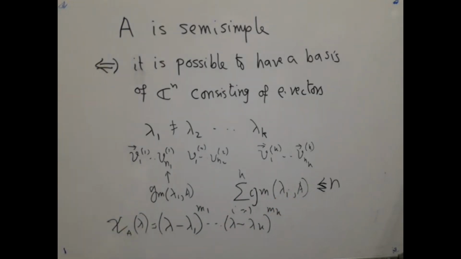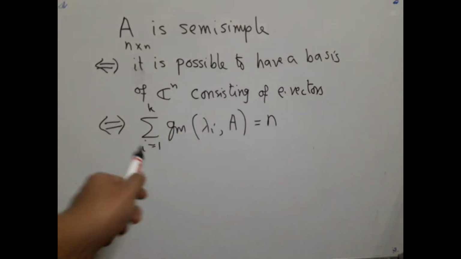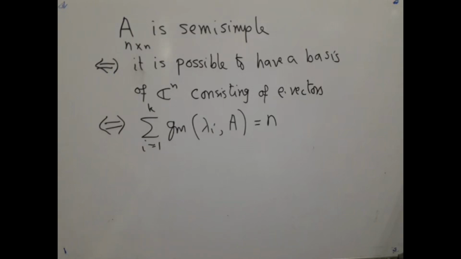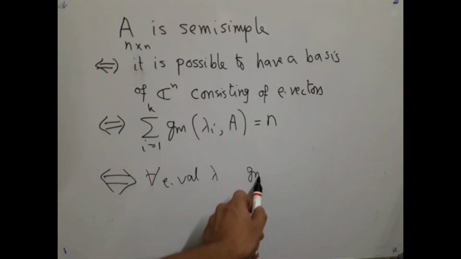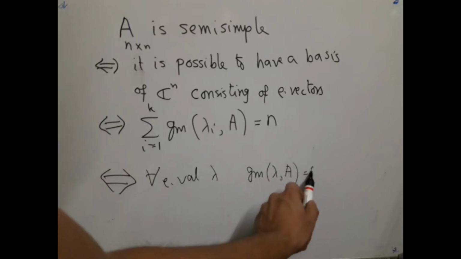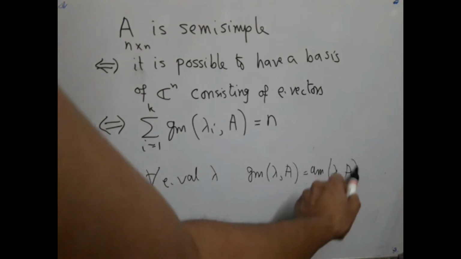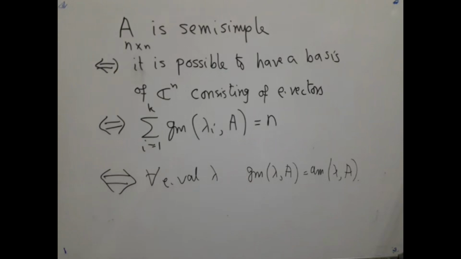So you get another characterization that this condition holds if and only if the sum of all the geometric multiplicities is equal to n, where lambda 1 to lambda k are all the distinct eigenvalues of A. And as GMs are always an upper bound on algebraic multiplicities, and algebraic multiplicities do indeed add up to n, you have another characterization: if and only if for every eigenvalue lambda, GM of lambda must be equal to the algebraic multiplicity of lambda with respect to A. So each one of them must hit the ceiling, because if one of them is less than the ceiling, then they cannot add up to the entire n, because the total here is already n.